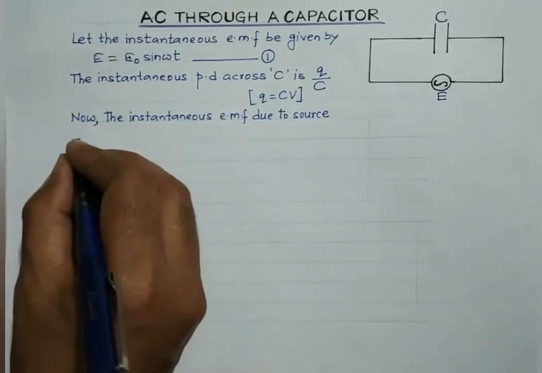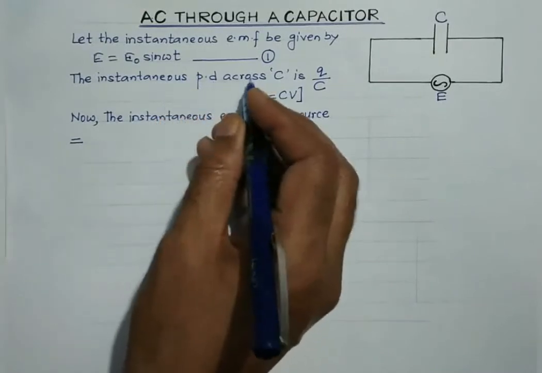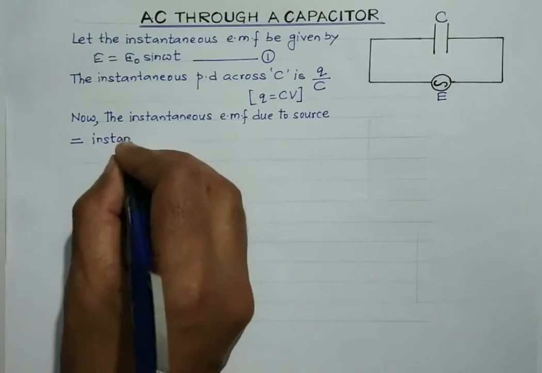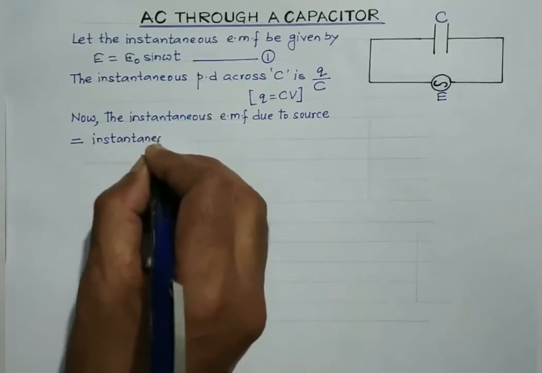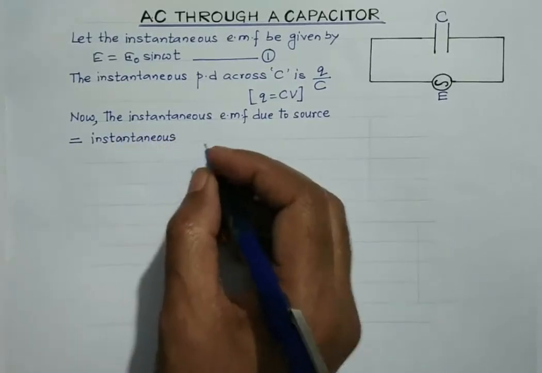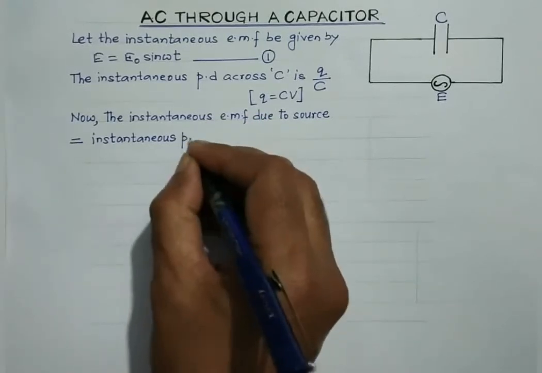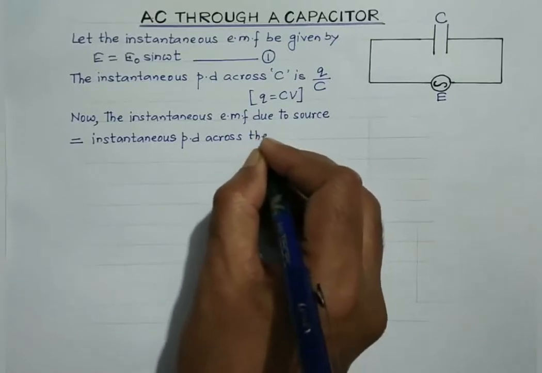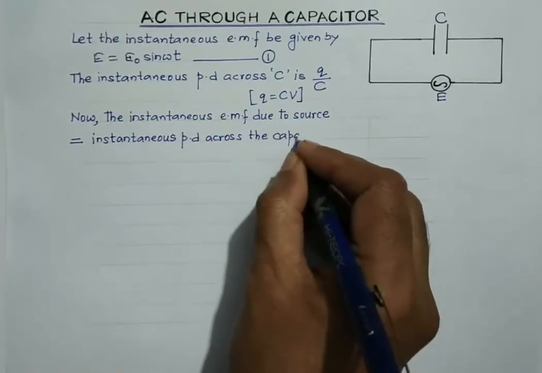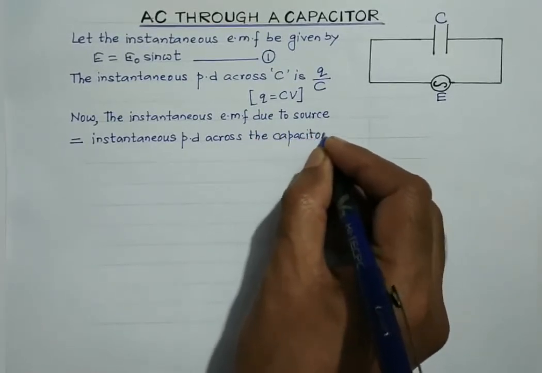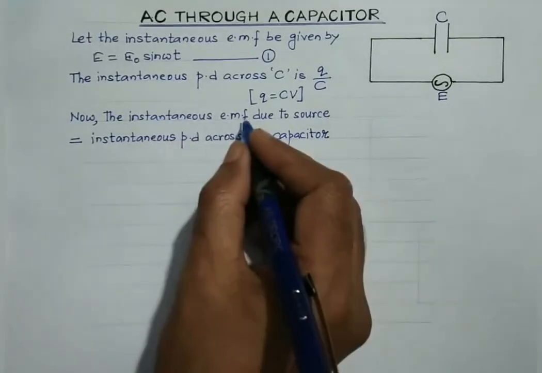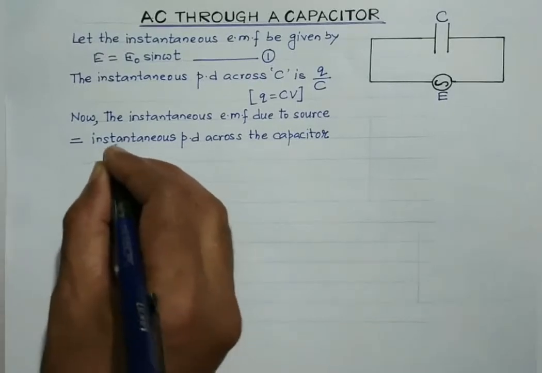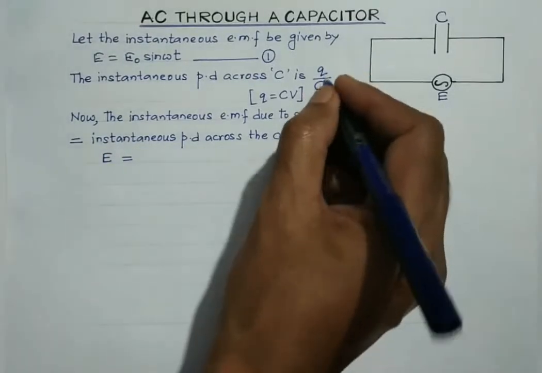It must be equal to the instantaneous potential difference across the capacitor, means at a given instant of time, PD across the capacitor. So this is how the equation can be constructed. So the instantaneous EMF due to a source is E, and the instantaneous potential drop across the capacitor is Q by C.